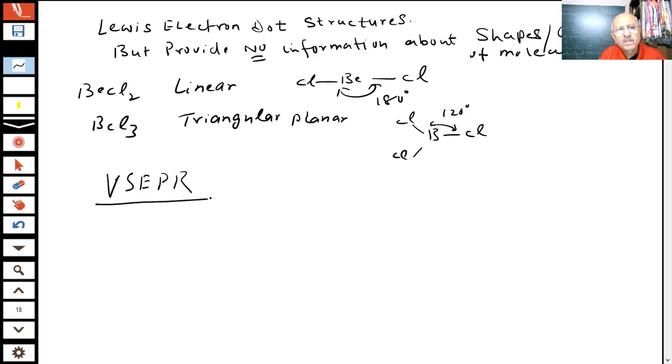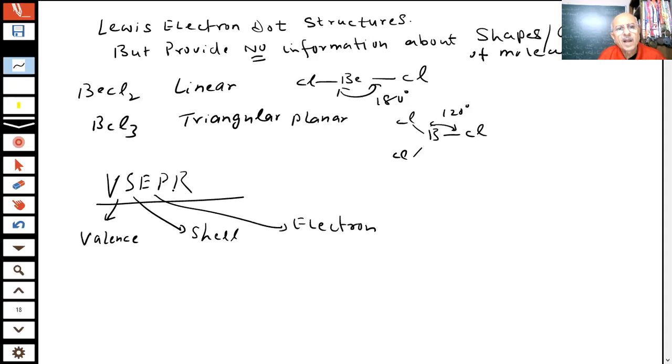What does it mean? V means valence, S means shell, E means electron, and P means, students, pair, R means repulsion. I hope it is clear to us what we are talking about, students.